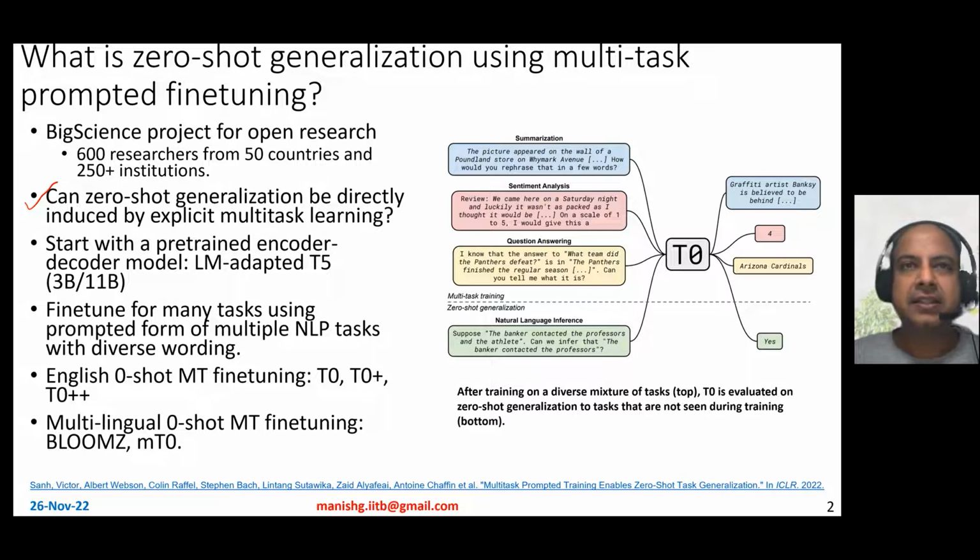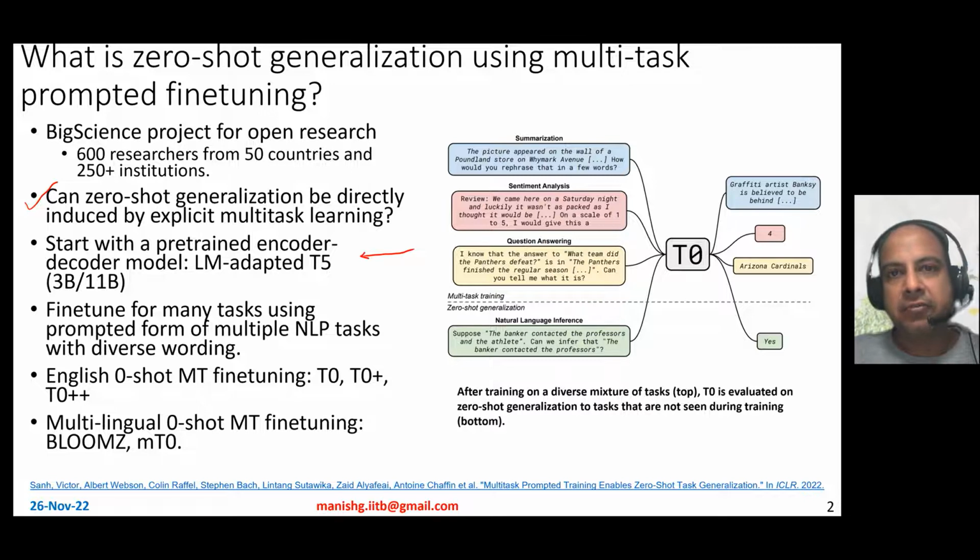Multitask learning has been a popular way of doing learning in natural language processing. However, how do you do explicit multitask learning by prompted fine-tuning is what we are going to discuss. The idea is that the base model for all of these things that we'll discuss typically is going to be a pre-trained encoder-decoder model, which is LM adapted, language model adapted.